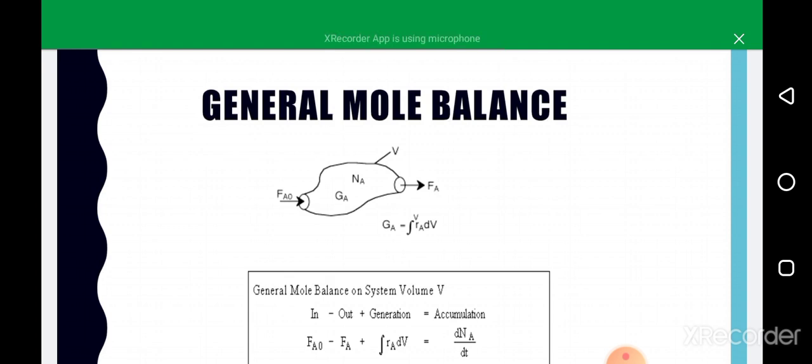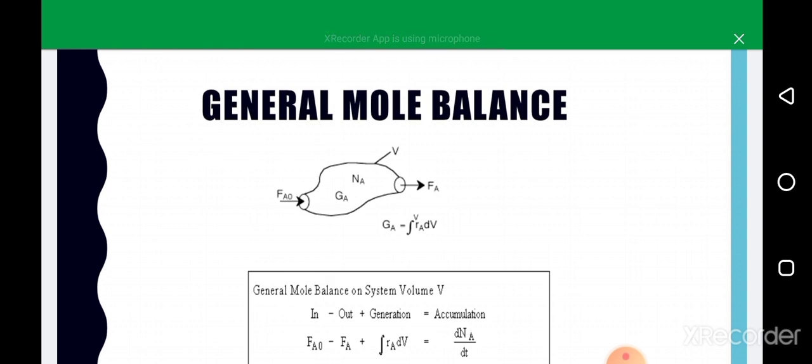Generation of product means the product generated in the reactor is termed generation. Accumulation is the amount of material that is stored in the reactor throughout the process. These are the main general mole balance equation terms, and these variables can be used in all derivations.